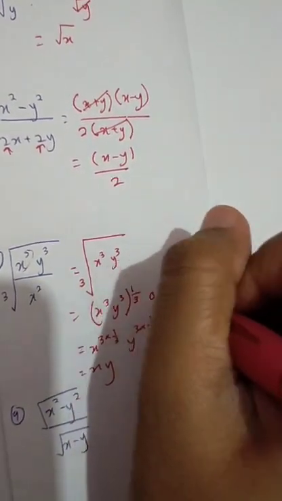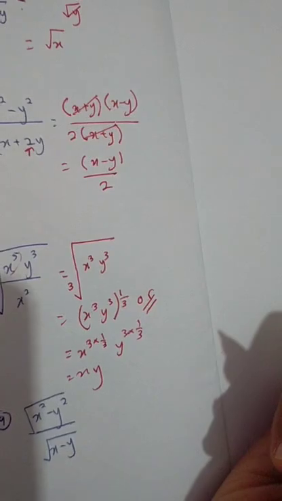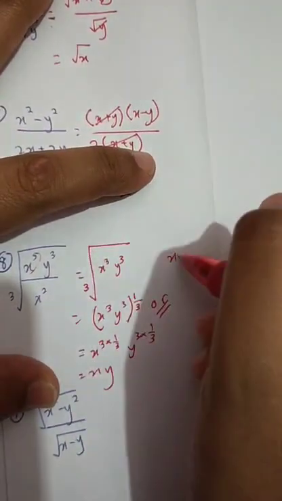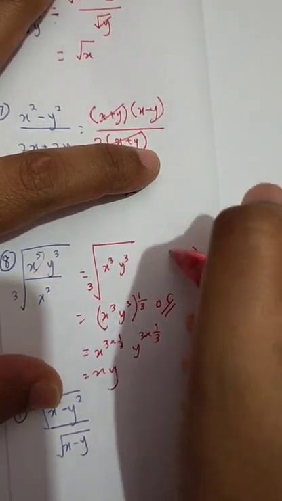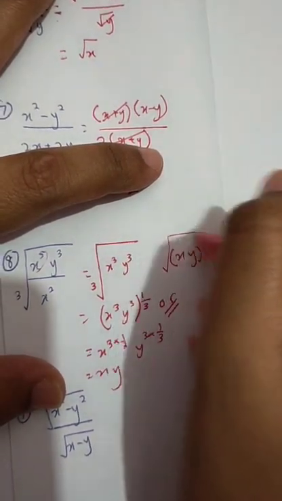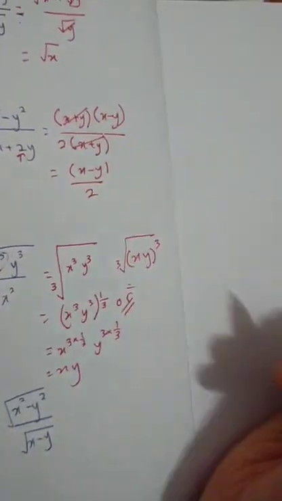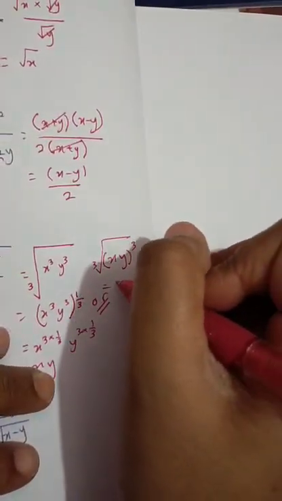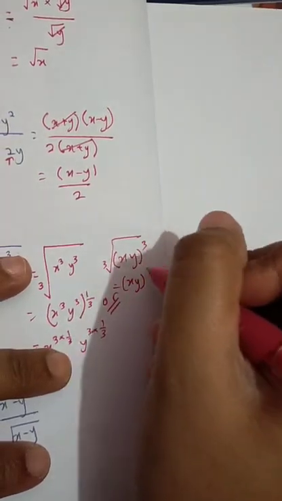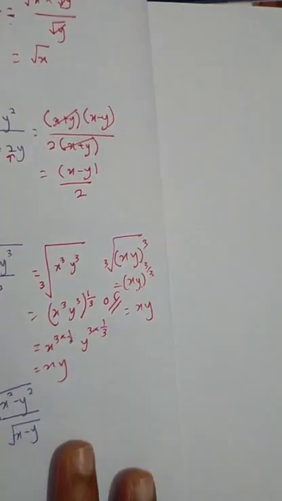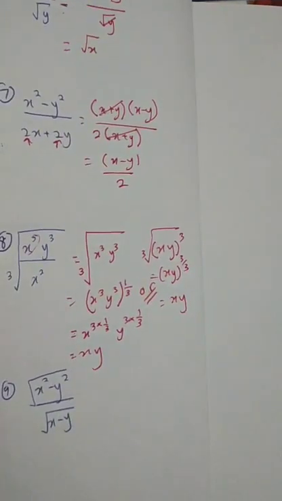Or you can do it like this: after this, you will get the cube root of xy cubed, and then equal to xy to the power of 3 over 3. So you get xy. Both of them are accepted as long as you use the correct law.